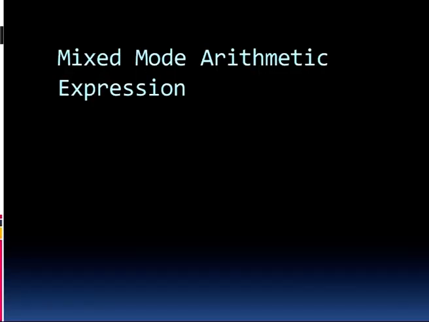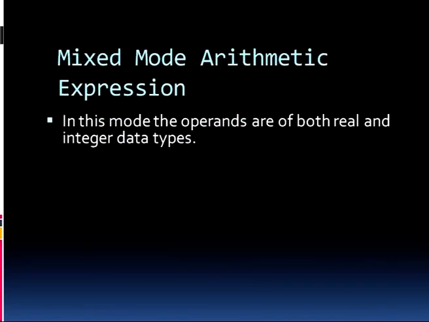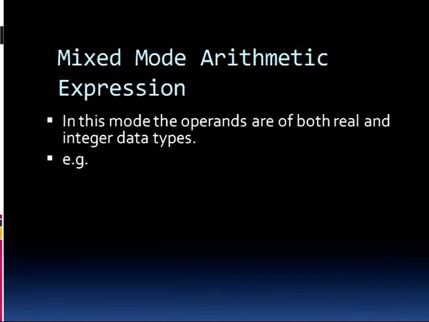Mixed mode arithmetic expression. A mixed mode arithmetic expression is composed of both integer and float variables or constants. For example, we declare a variable int a, then two variables b and c of float data type.